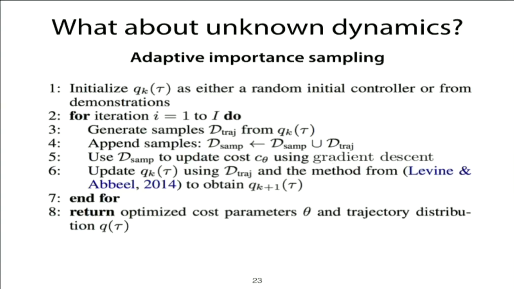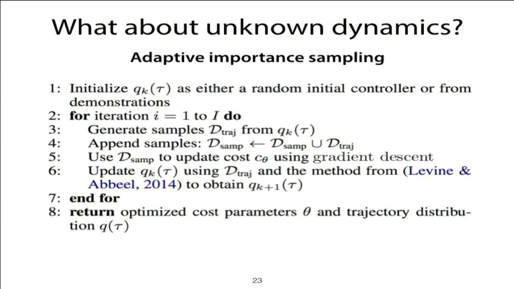Then we update our trajectory distribution using this objective with respect to our current estimate of the cost function. Here you can use really any trajectory optimization method or any policy optimization method. We were using ILQG, which we covered earlier in this lecture. Then we iterate once we have our new Q. At the end, you return your optimized cost parameters and your trajectory distribution Q.